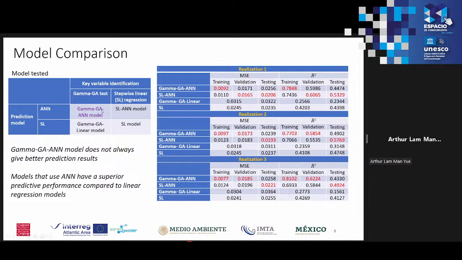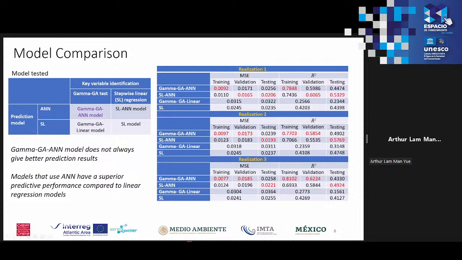For the Gamma GA ANN model and the stepwise linear ANN model, we use the ANN model for prediction. For the other models, we use a stepwise linear model for prediction. So you can see the Gamma GA ANN model usually gives you the best training results, sometimes also the best validation results, but it does not give you the best testing set results for both mean square error and R square, unfortunately.